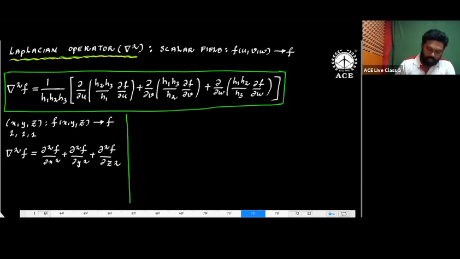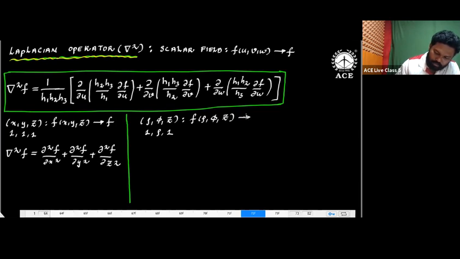What happens for the cylindrical coordinate system? Cylindrical: rho, phi, z. Here the scaling factors are 1, rho, 1. The scalar field is f of rho, phi, z.